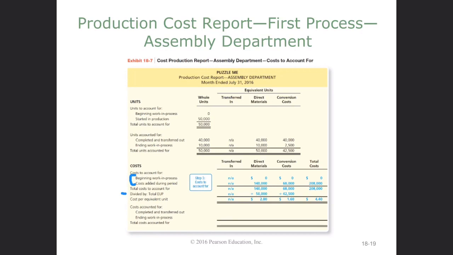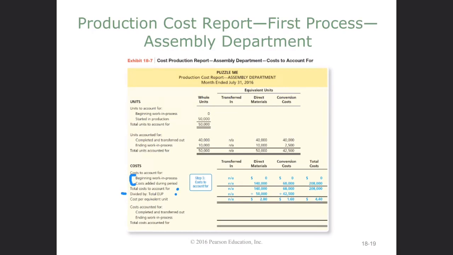Well, first you have to add these together and then divide them. So just keep that in mind. Or they could just give you the total cost to account for and the total EUP. And if that's the case, you just take the total cost to account for divided by your total EUP, and it gives you your cost per equivalent unit. So just having these slides to refer back to can really help.